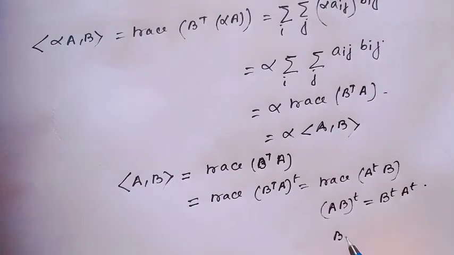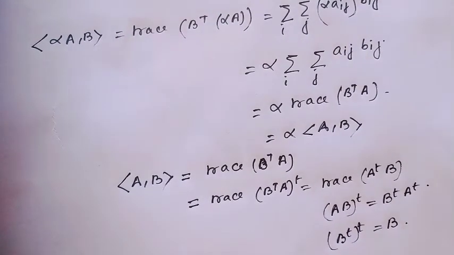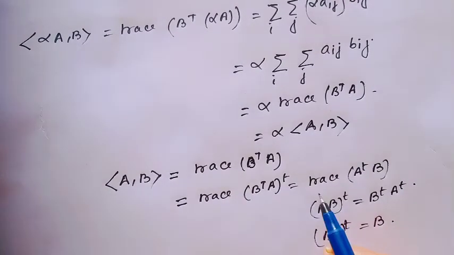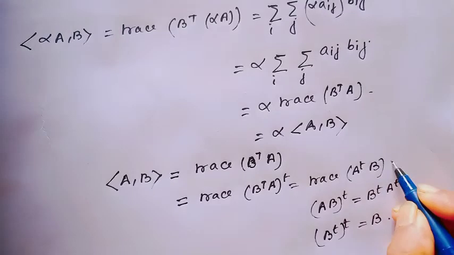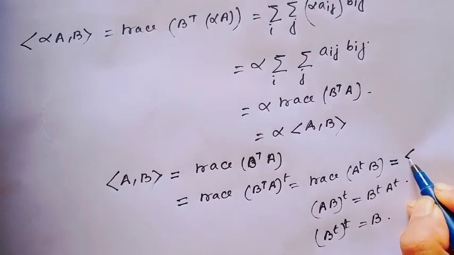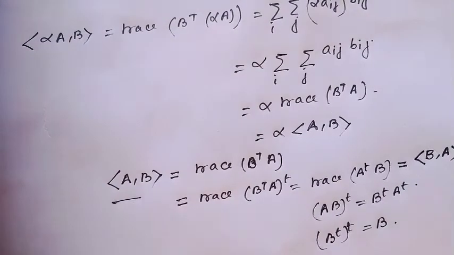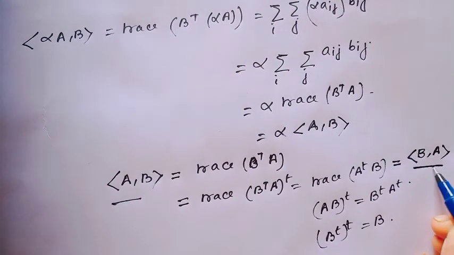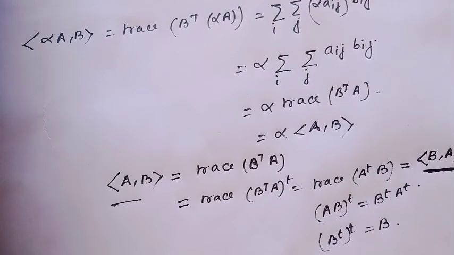We also know B transpose to the power transpose is always B. Since this is equal to trace of A transpose B, that means this is equal to inner product BA. Therefore, inner product AB is equal to inner product BA. Therefore, the symmetric property is satisfied here.